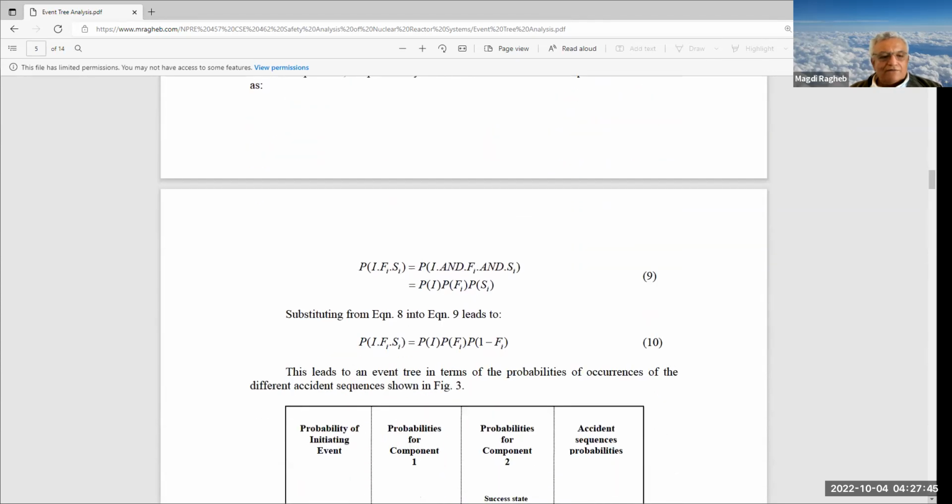All right, and then we invoke, of course, the probability of I and F1 and S1. We have learned that from probability theory, when you have independent events, the probability of A and B and C occurring is equal to the probability of A multiplied by the probability of B multiplied by the probability of C.